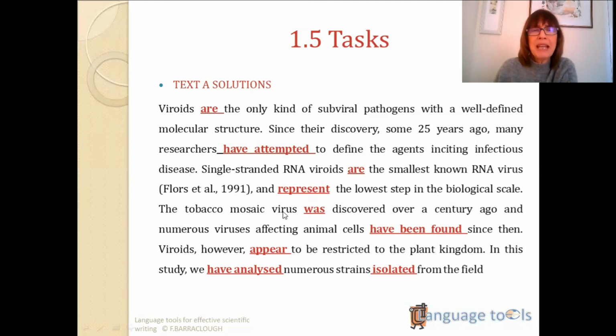The tobacco mosaic virus was discovered over a century ago, and numerous viruses affecting animal cells have been found since then. Viroids, however, appear to be restricted to the plant kingdom. In this study, we analyzed numerous strains isolated from the field. Okay, all right.